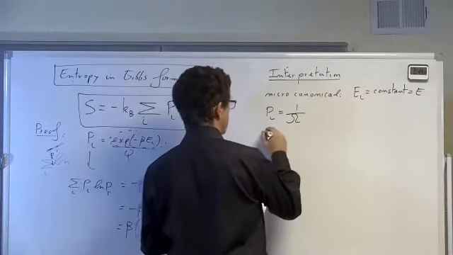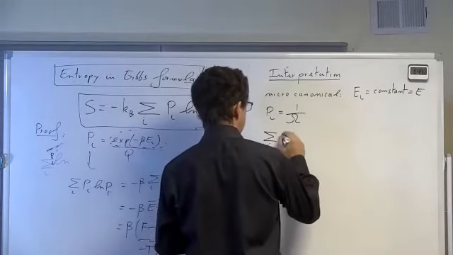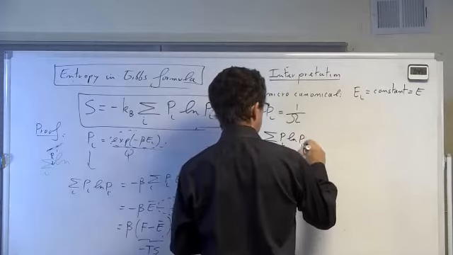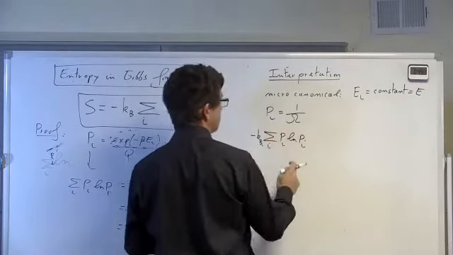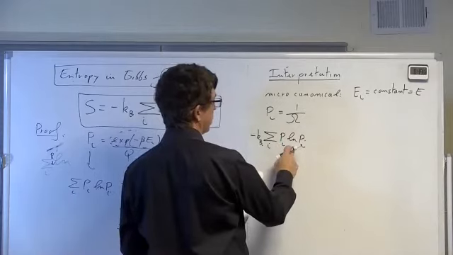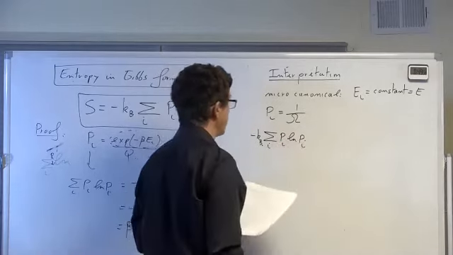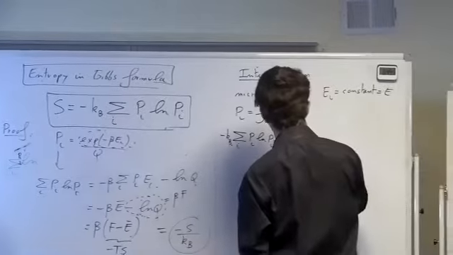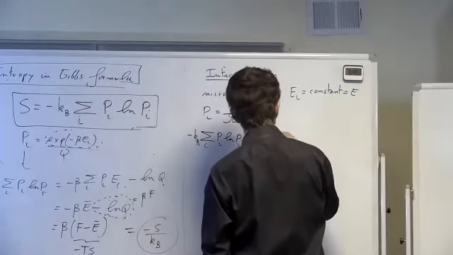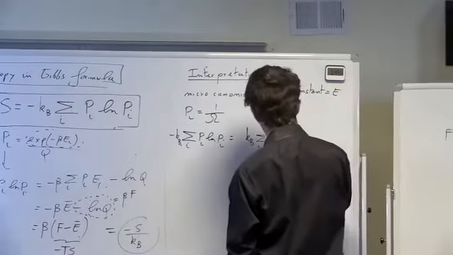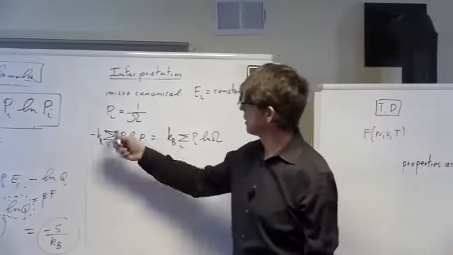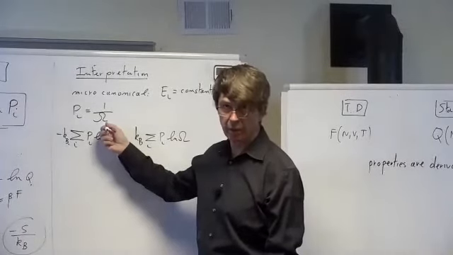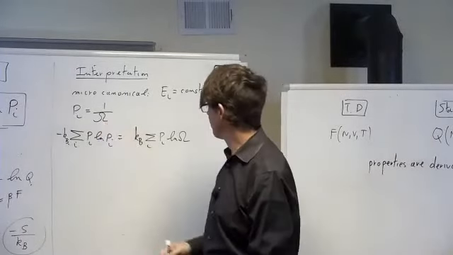And so when I sum over i p_i log p_i, minus k_B, when I get the log of p_i, I get minus log omega. So this is k_B sum over i p_i log omega, because I've canceled the minus sign here by taking the log of 1 over omega, which is minus the log of omega.